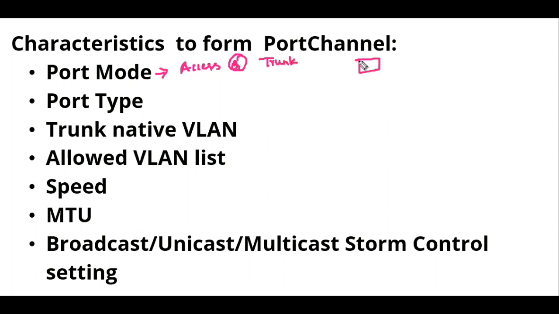Let's assume that we have switch 1 and switch 2. Let's assume this end of the port, that is FastEthernet 0/0, you configure as an access port, and the other end is a trunk.